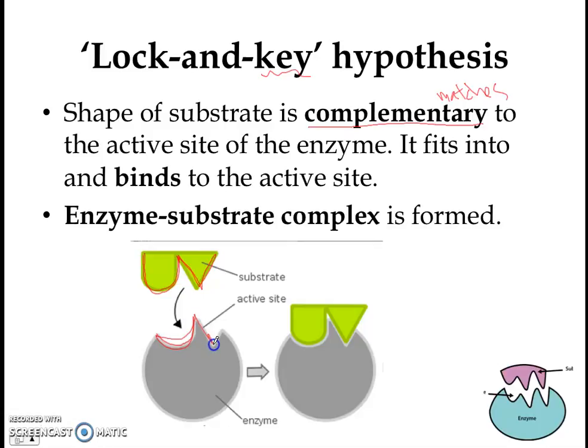So both are matching. And hence, the substrate is able to fit into and to bind to the active site. You need to know these words, fit into and binds to the active site. And as a result, we form an enzyme substrate complex. This is the enzyme substrate complex made out of the enzyme and the substrate bound or joined together.